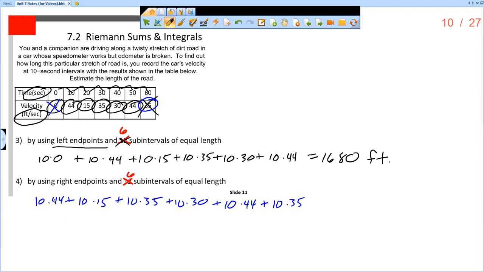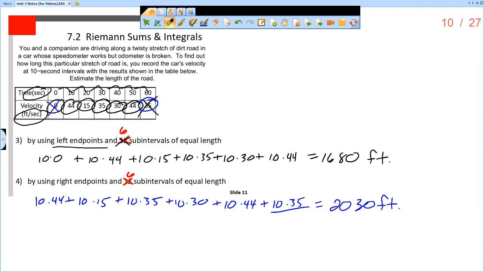So this is basically the same, except now I've added on this 35 and I did not add on the 0 at the beginning, right? So really now all I'm doing is just adding an additional 350 onto that. So now this one gives me 2,030 feet.